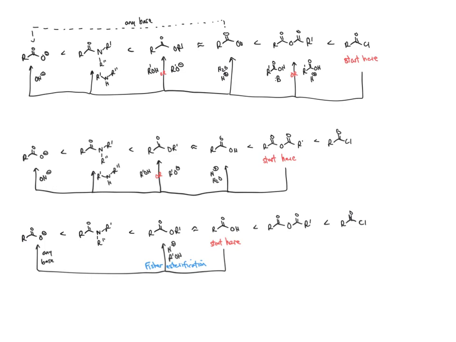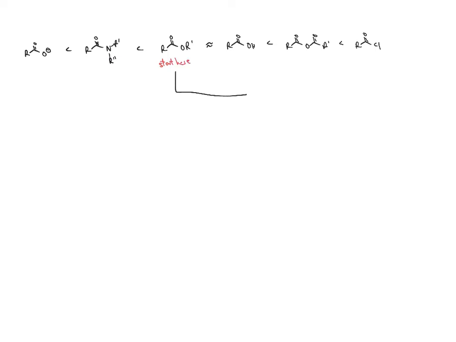Okay, let's keep going. And so we've got the reactivity series once more. We need to now start with the ester. Okay, so if we start here with the ester, we actually can hydrolyze the ester to the carboxylic acid.